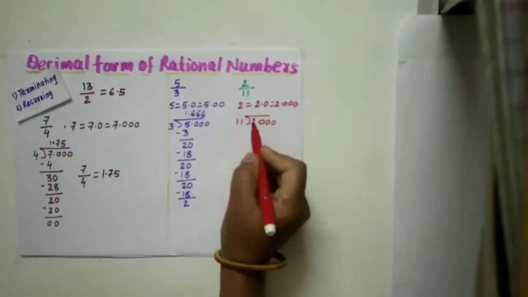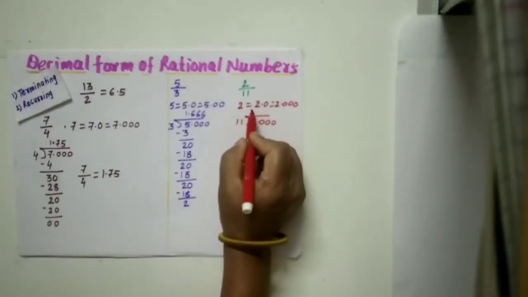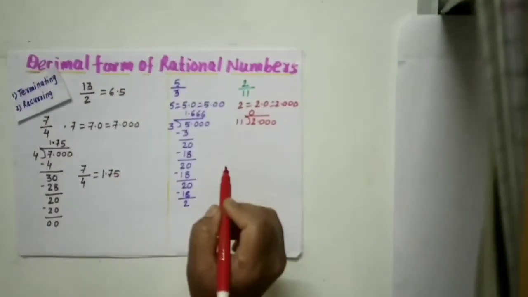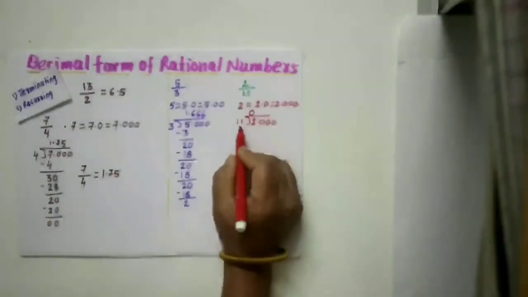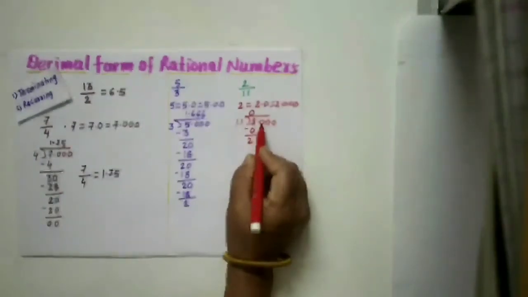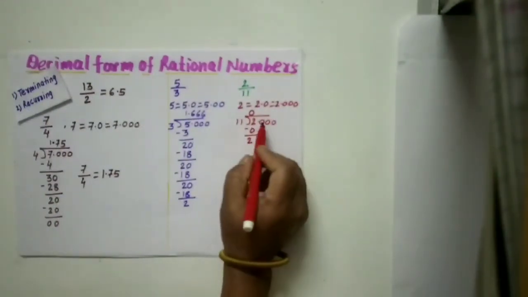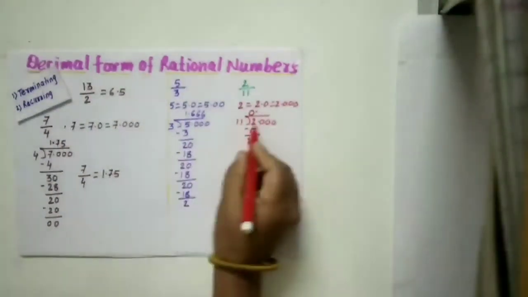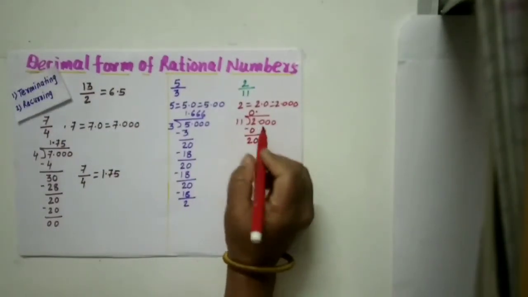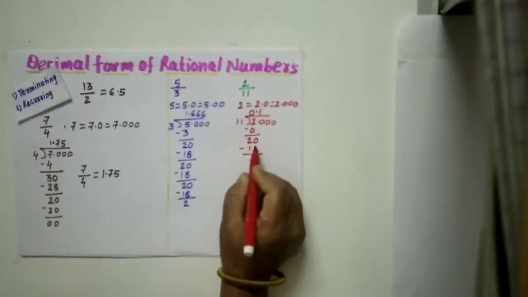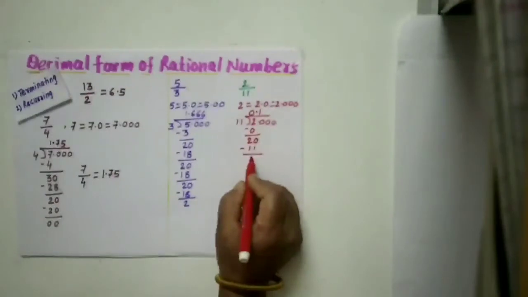For that we know the rule of division, that if it is not possible, put a 0. Now 11 zeros are 0. 2 is here. Now we have to take the next 0. Before that the decimal point is there, so put a decimal point over here. Now take one more 0. 11 ones are 11. 20 minus 11, 9.